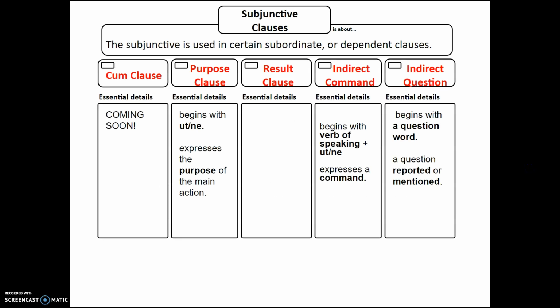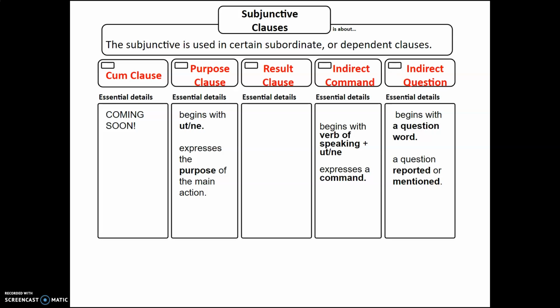Before we start, I wanted to do a quick review of the subjunctive clauses that we've already learned. We've learned purpose clauses. The purpose clause itself begins with ut or ne in the middle after the main clause and expresses the purpose of the main action. We've learned indirect commands, which look very similar to purpose clauses, but they begin with a verb of speaking.